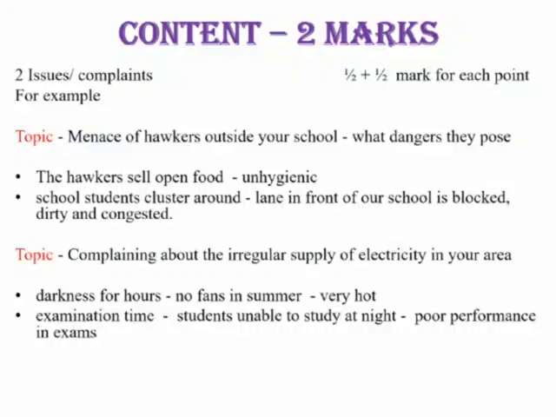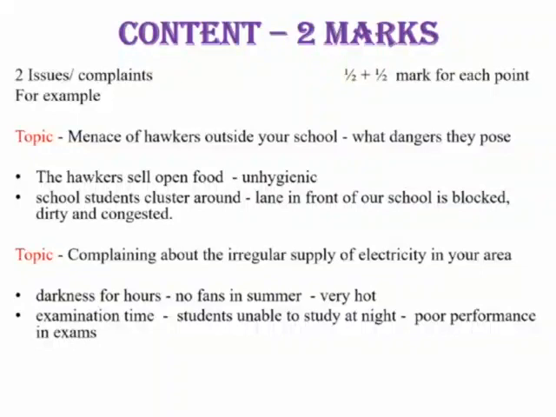For example, if your topic is menace of hawkers outside your school and what dangers they pose, then the 2 issues or the 2 complaints that you may have: 1, the hawkers sell open food which is very unhygienic, and the other is school students cluster around, the lane in front of our school gets blocked, dirty and congested.